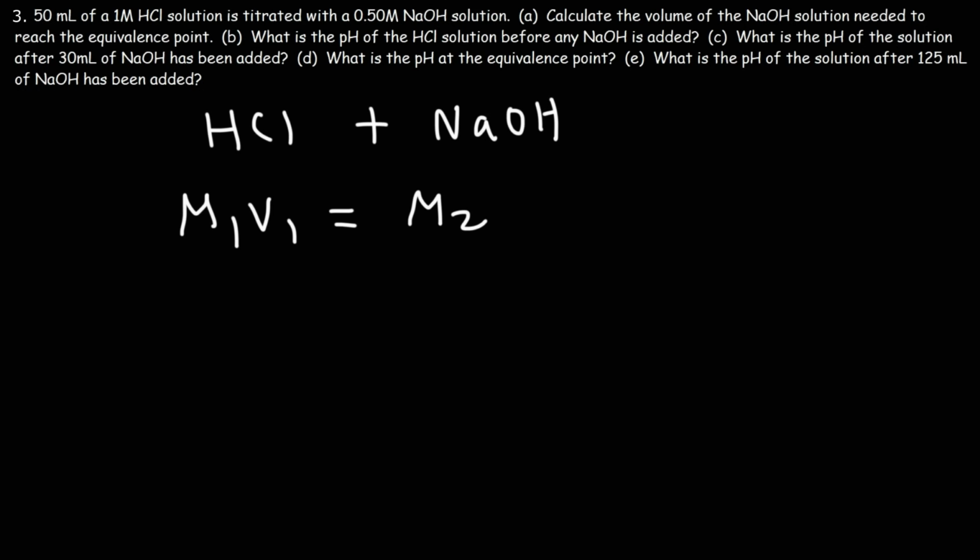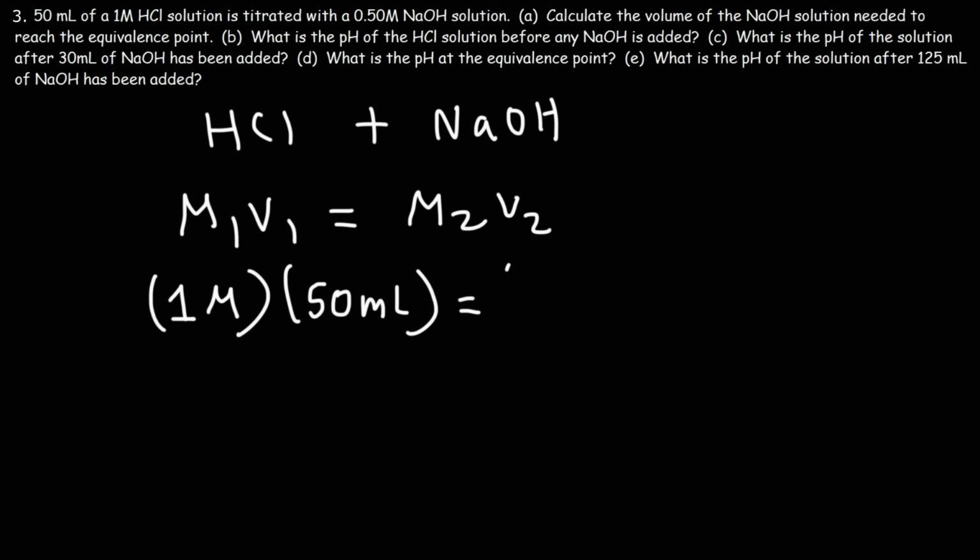M1V1 is equal to M2V2. So M1, that's going to be the concentration of the acid. We have a 1 molar solution. V1 is the volume of the acid, so that's 50 milliliters. M2 is the concentration of sodium hydroxide. V2 is what we're looking for.